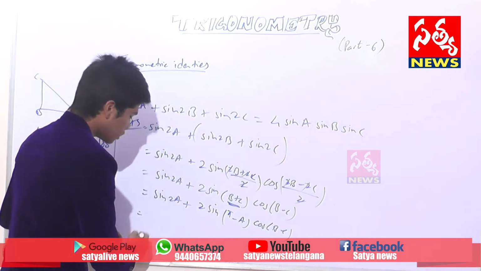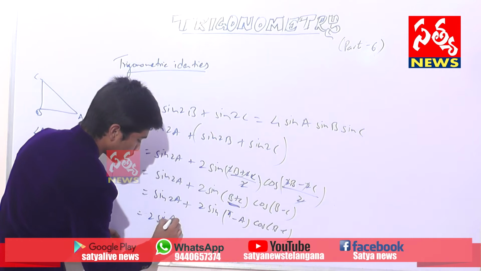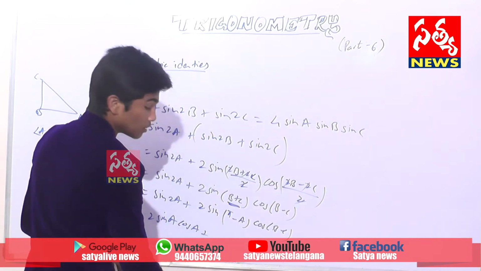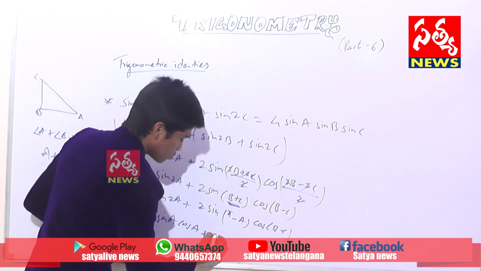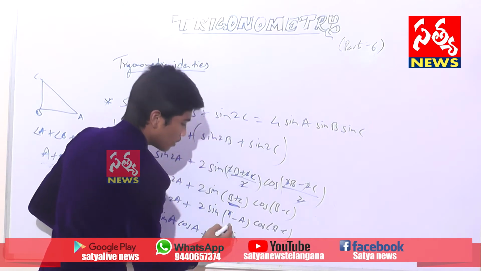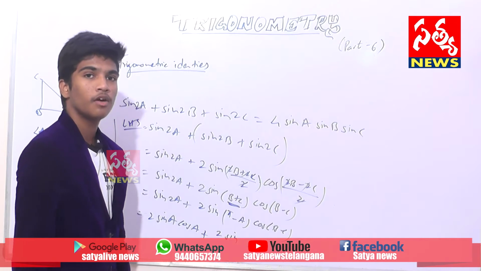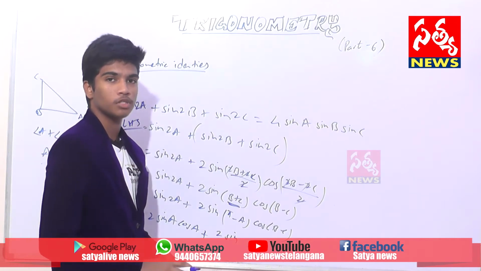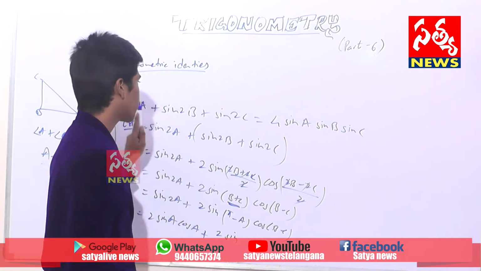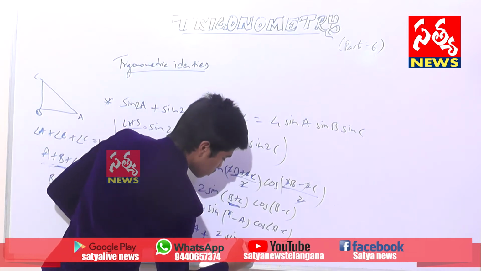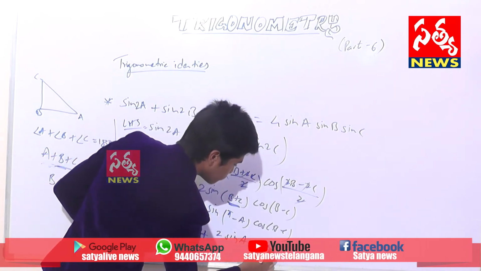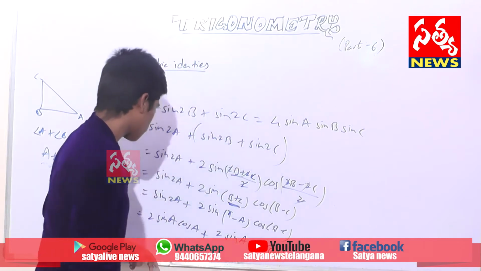Sin 2A can be written as 2 sin A cos A, as a multiple angle formula, plus 2 sin(pi minus A). Pi minus A lies in the second quadrant, where sin is positive, all silver teacups in the second quadrant. So we get sin A into cos(B minus C).